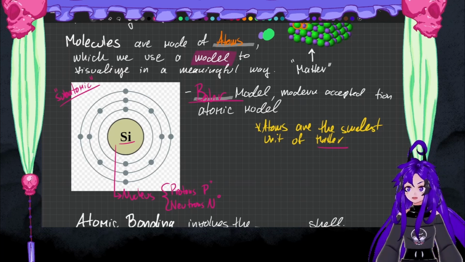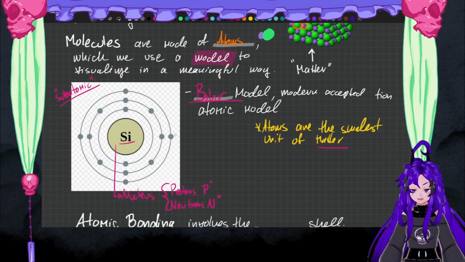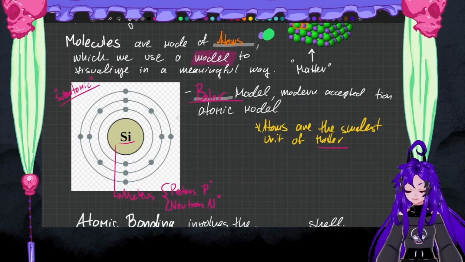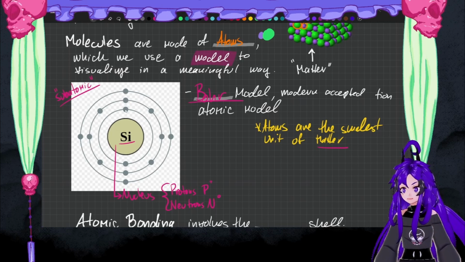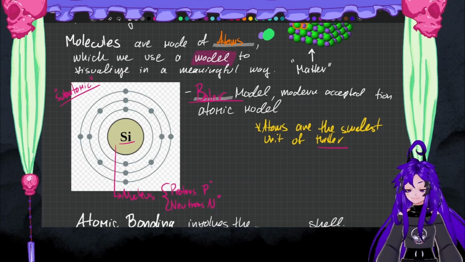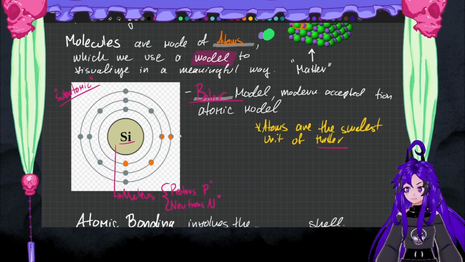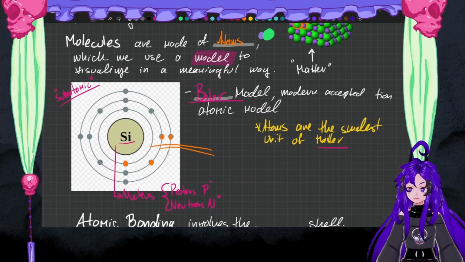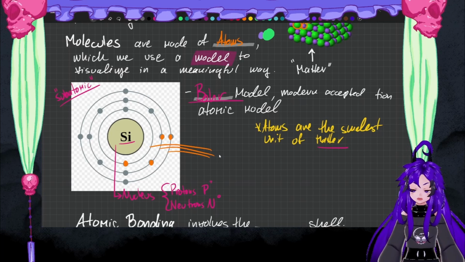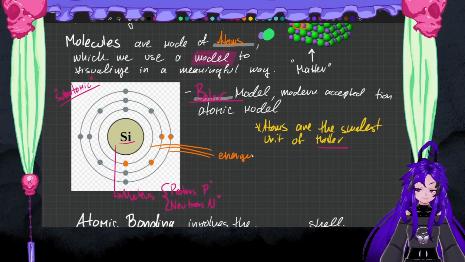So the other part, and the big part here that we care about in electricity, are the bits whirling around at a bazillion miles an hour around the nucleus. That is not a scientifically accurate statement. These guys are called electrons, and they whirl around on specific energy levels. So all of these ranks, these circles around it, are called energy levels.